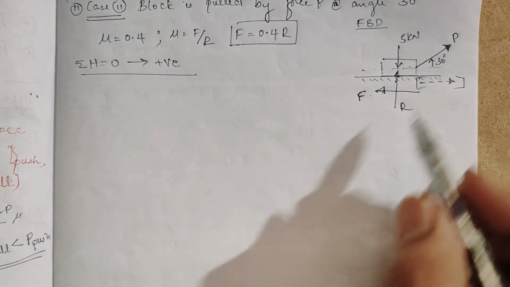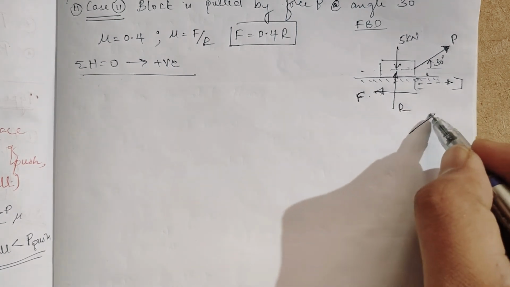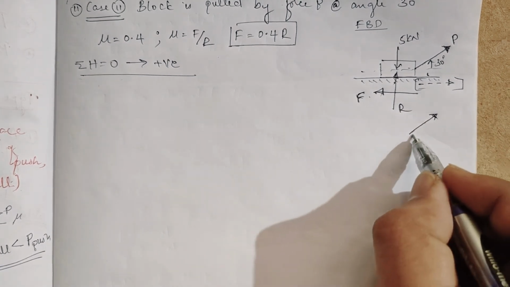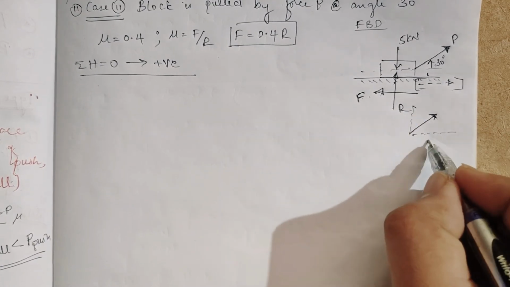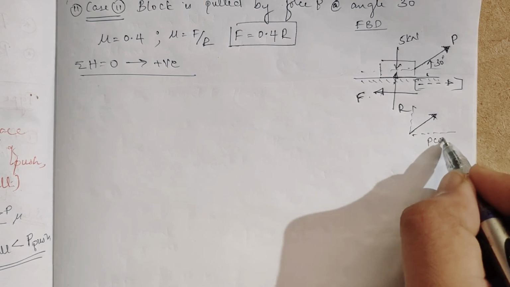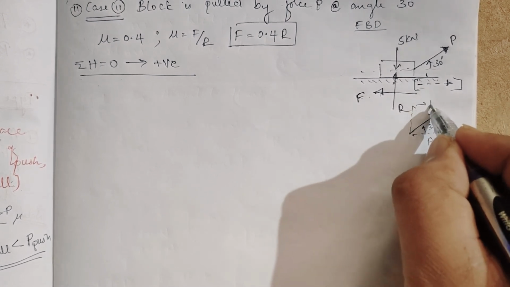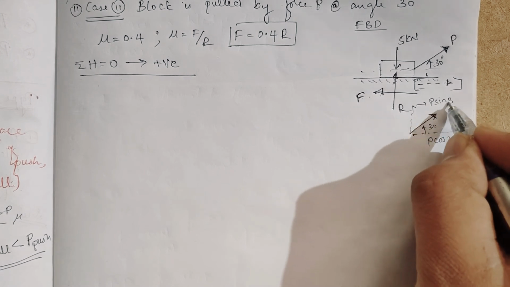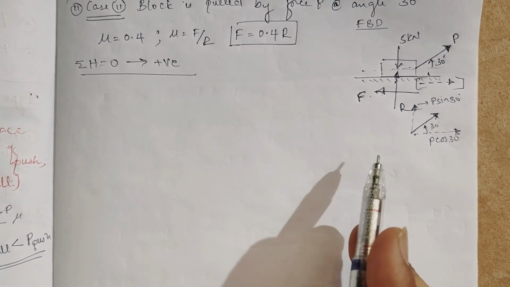We have one force P, and we have to resolve it in horizontal direction and vertical direction. This will be P cos 30 degree, this is 30 degree, and this is P sin 30 degree. Okay, if this is confusing, I'll write the free body diagram.